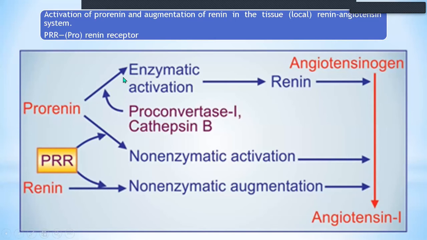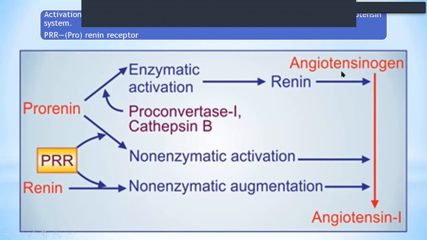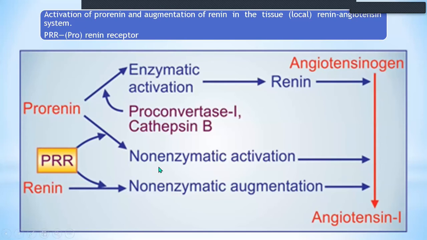So prorenin is converted to renin, and vice versa is also possible. The enzymatic activation of prorenin is going to yield renin, and renin is going to convert angiotensinogen to angiotensin 1, whereas the non-enzymatic action also converts angiotensinogen to angiotensin 1.